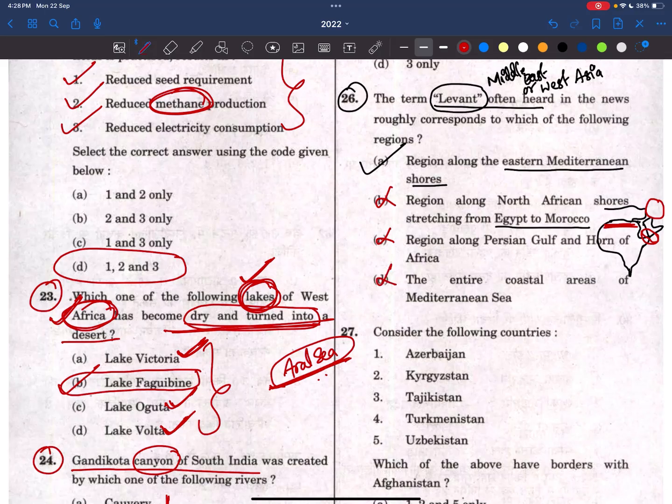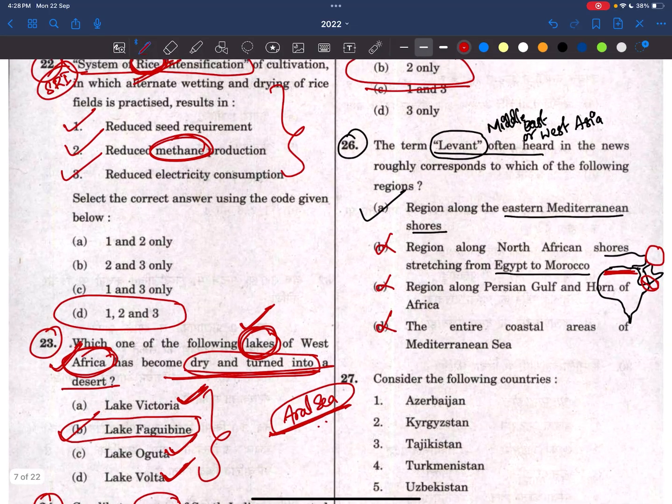See here friends, we have been observing there are many questions asked on this Middle East, Western Asia regions, and they are in the news even today as well. So we have to read about all those things, friends. And see, it is asking about Egypt to Morocco, Persian Gulf, Horn of Africa, right, and the Mediterranean Sea as well.